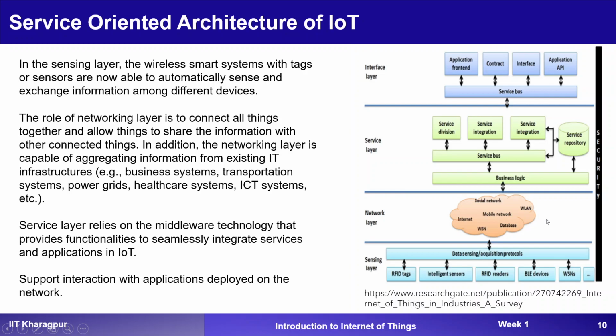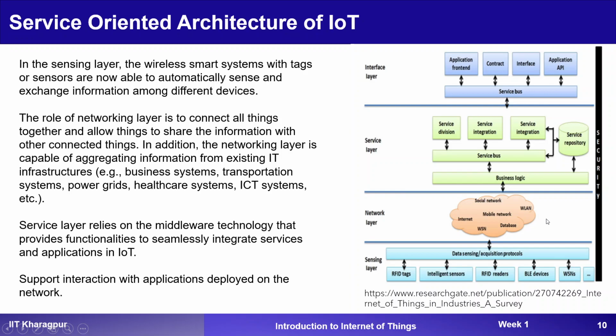Now the second layer is the network layer. This network layer is responsible for the communication of various devices which are present in the sensing layer. Basically in the network layer, the exchange of data can take place with the help of various protocols or with the help of the internet.